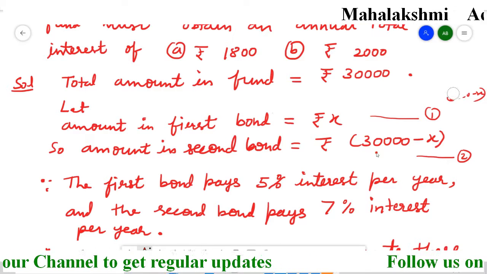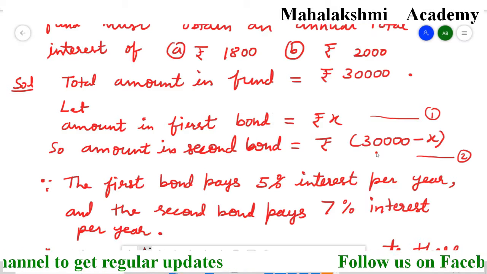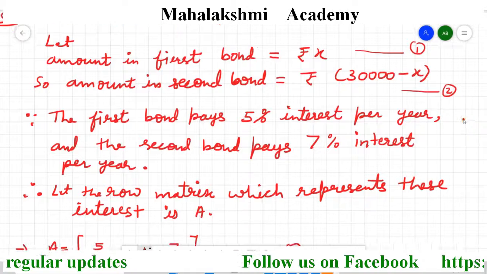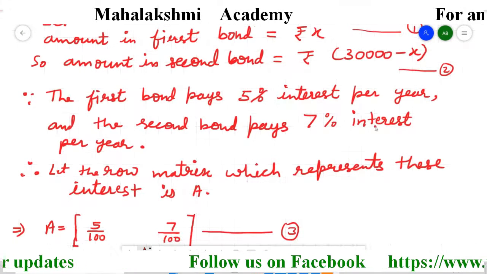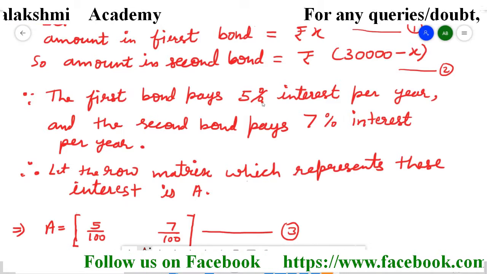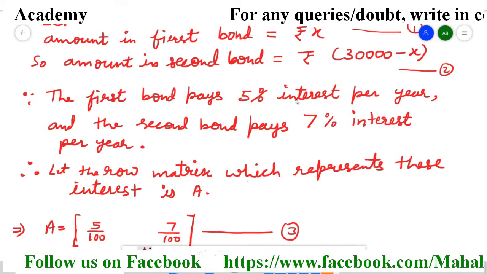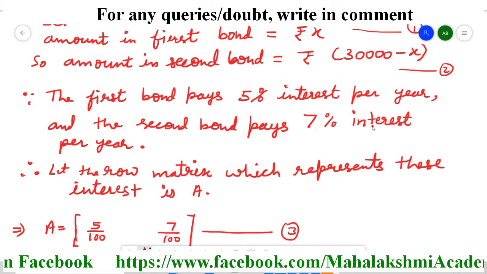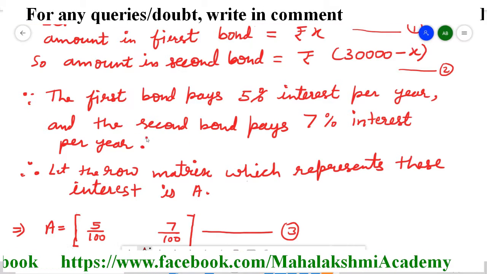Now after this, next we will talk about the interest which they want. It is given in the question that the first bond pays 5% interest per year and the second bond pays 7% interest per year.